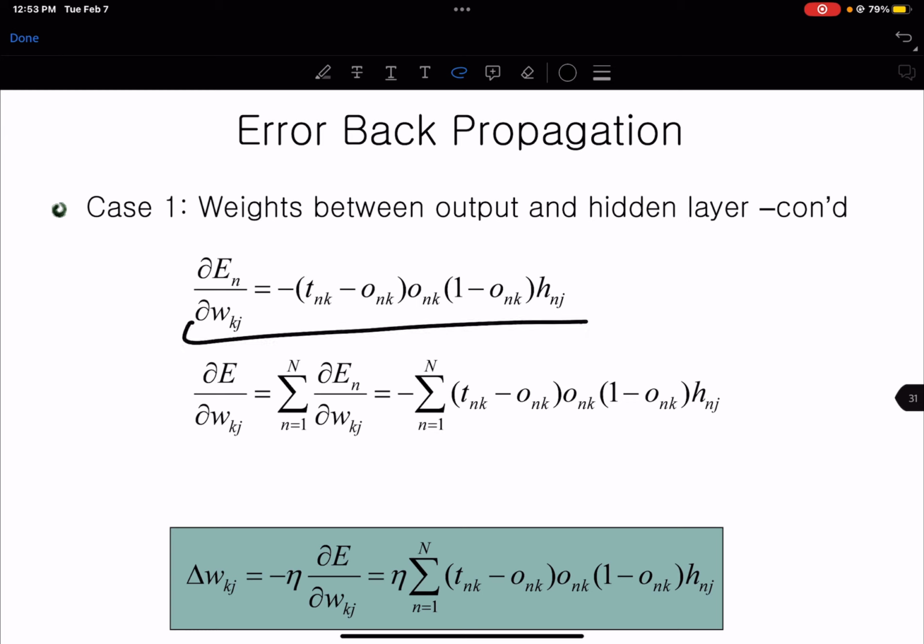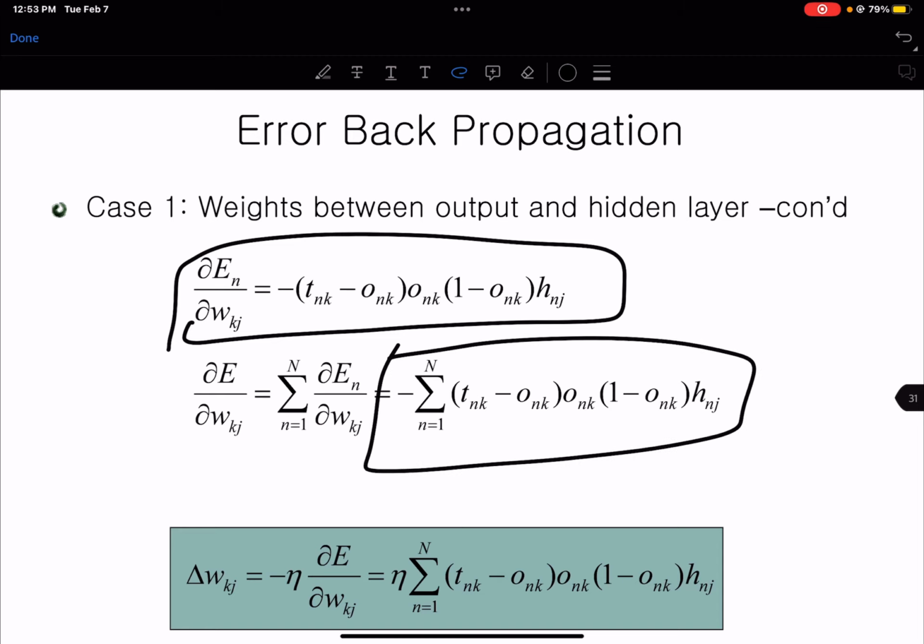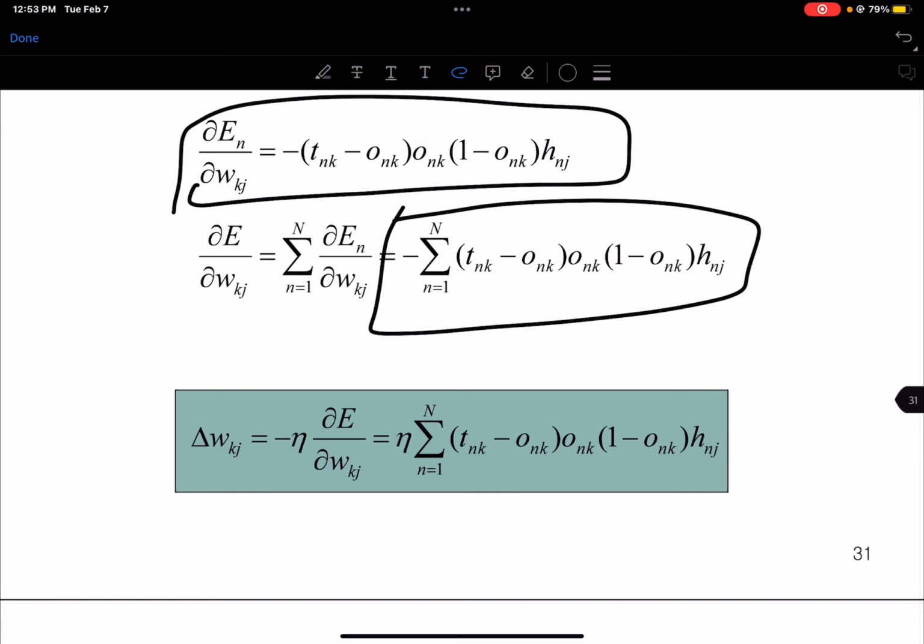So here we have come up with this equation, and if we consider all the weights in the network one by one, we can write them like this. So it is represented in this format.